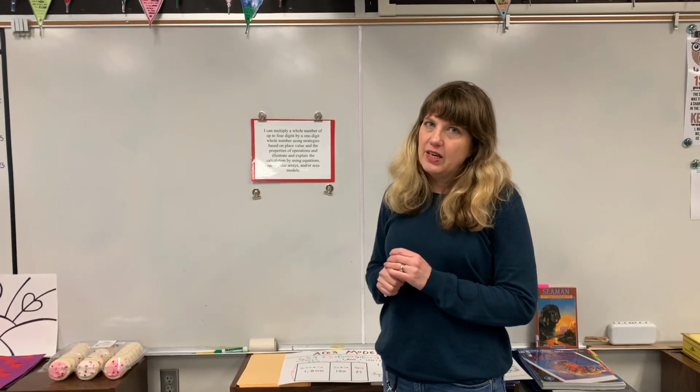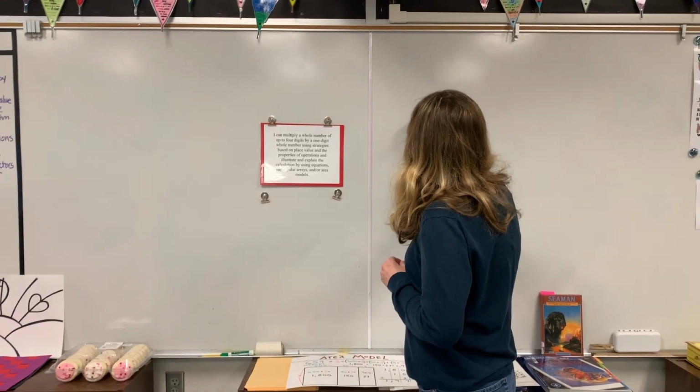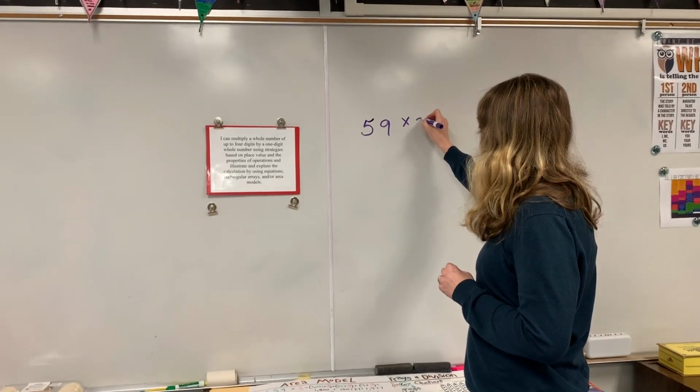The first one I want to talk about is where we start with multiplication, and that's the area model. We take a 2-digit number like 59 and multiply it by 3.